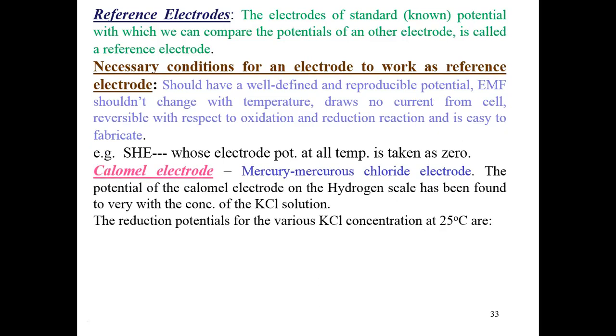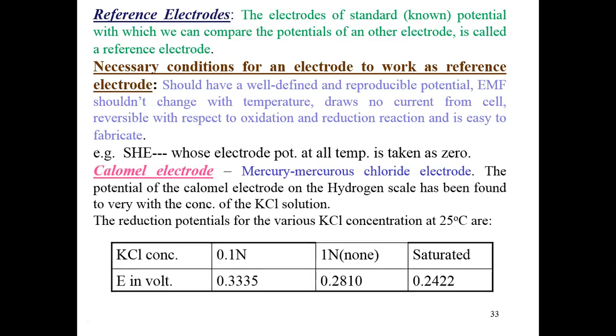The saturated calomel electrode is nothing but mercury and Hg2Cl2 with a KCl solution, and we have already discussed in previous slides how the EMF for this calomel electrode is dependent upon chloride. So it is also an electrode of the second kind. This is the reduction reaction that takes place at the calomel electrode: mercurous gains 2 electrons to give mercury and chloride ions.